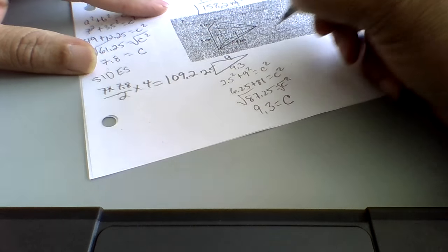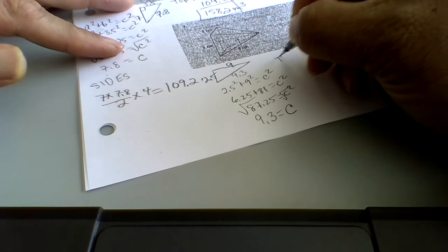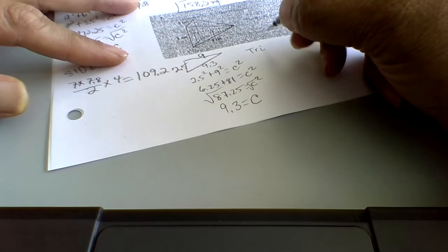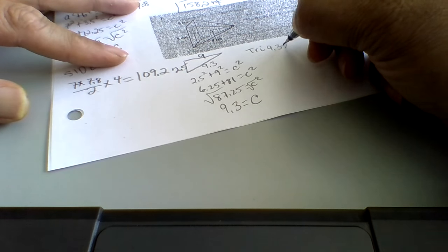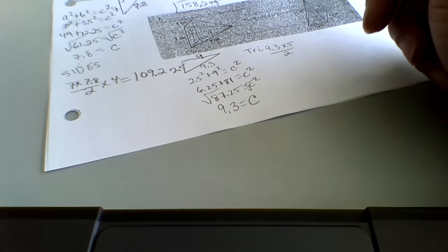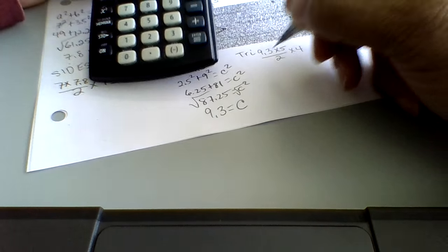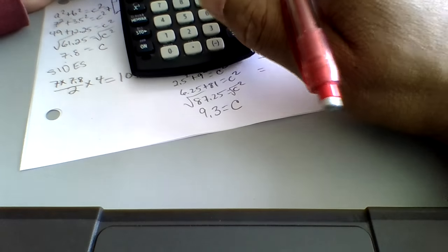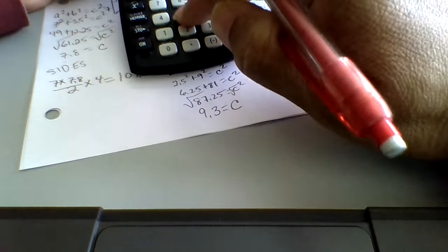So 9.3. And then going and doing the triangle is going to be 9.3 times 5 divided by 2 times 4 is going to equal 9.3 times 5 times 4 divided by 2. It's going to be 93.